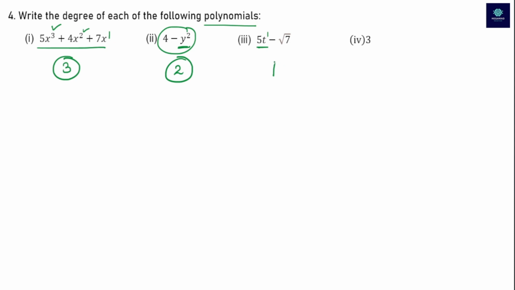So its degree is 1. And here 3 is a 0 or a constant polynomial, and we know that 3 can be written as 3 into any variable's power 0, and since the power is 0, its degree is 0, and it is also called as constant or 0 polynomial.